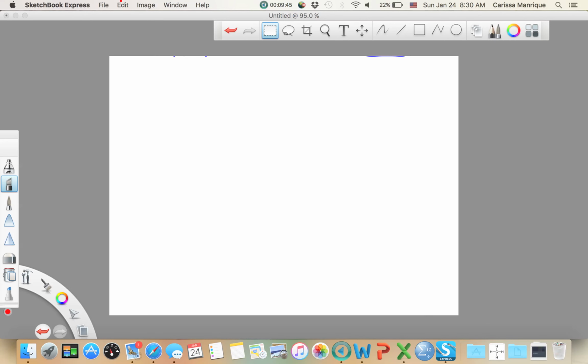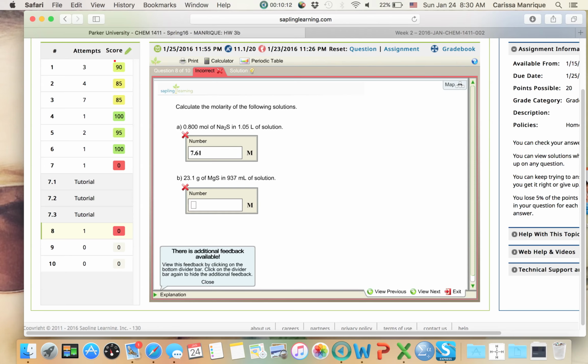Okay, so first you need to know the definition of molarity. Molarity equals moles of solute over liters of solution. Okay, let me just set up A for you really quick. For A, I don't remember what the numbers were. 0.8 moles and 1.05 liters.